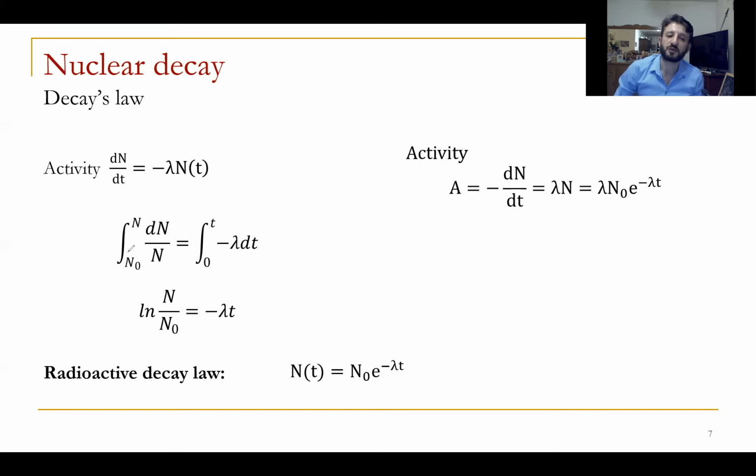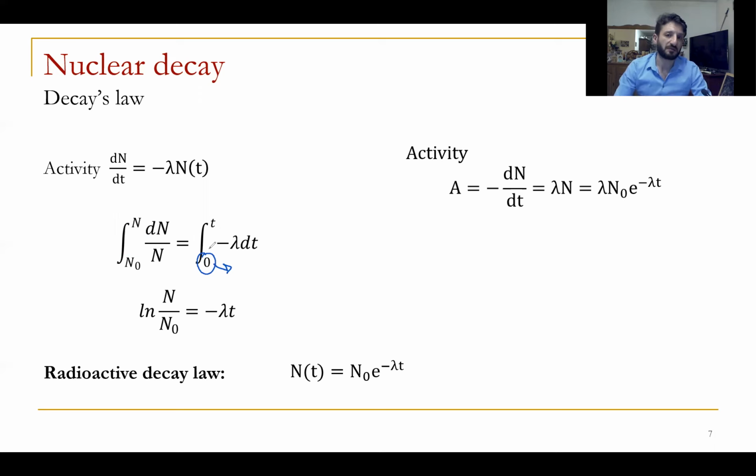Initially we have N0 unstable elements, and finally we get N at a time t, from N0 to N, and the time will be between t equal to 0, where at this time all the elements are unstable.